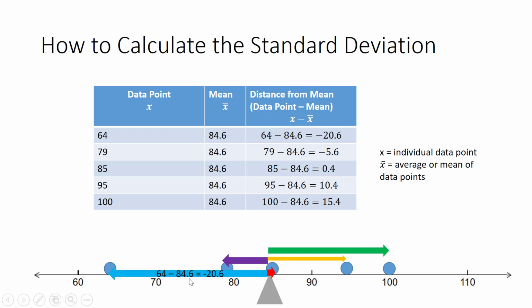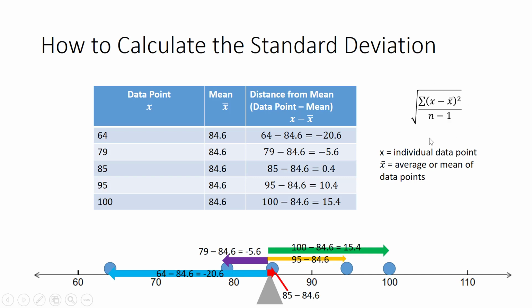Down here we can see that graphically depicted. The first distance is 64 minus 84.6, which gives us negative 20.6. That's the first row. We can continue this process and label the distances. Notice that some of the distances are negative and others are positive because some of our data points are to the left of the mean and some are to the right of the mean.